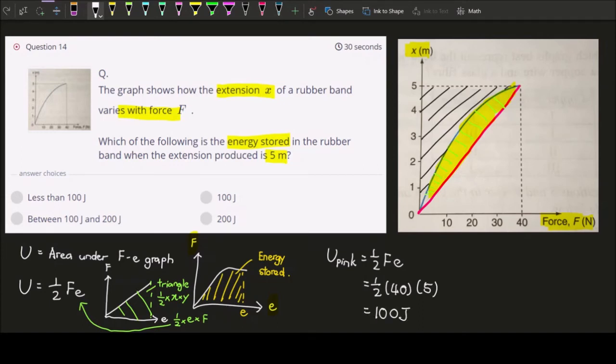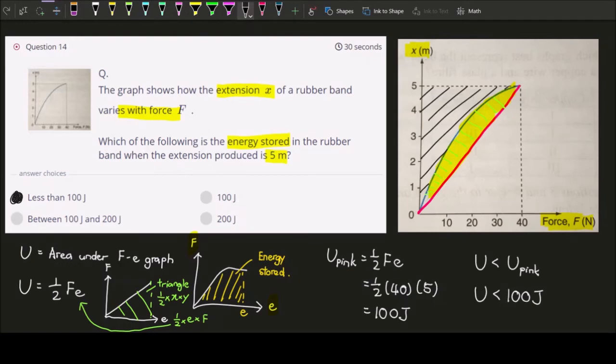So now you know that the actual energy must be less than the U of the pink line, because the line is below this pink line. You have an extra area here which you need to remove. So you can conclude that U, the energy stored in this rubber, must be less than 100 joule. So the answer is less than 100 joule, which is this answer.